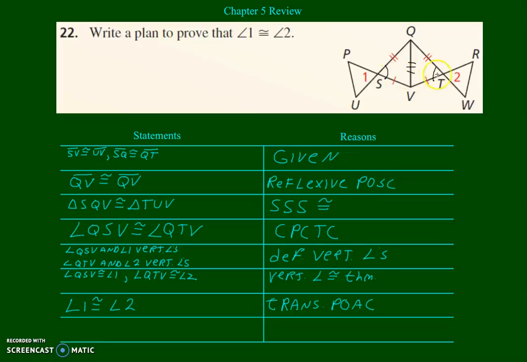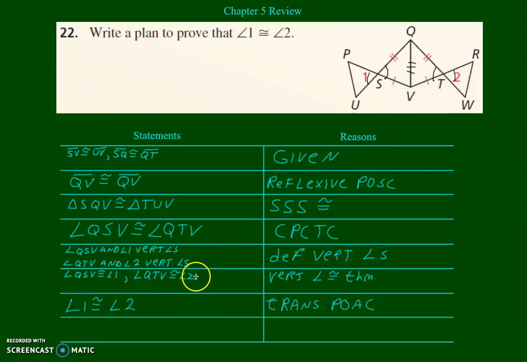Because those two angles are congruent, that leads us to these two angles. We can see that angle QSV is vertical to angle 1 and QTV is vertical to angle 2. So we've stated that here. That's the definition of vertical angles. And because those two angles are vertical angles, we know that QSV is congruent to angle 1, and QTV is congruent to angle 2.